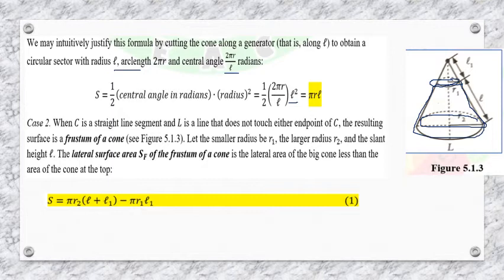The lateral surface of the frustum of a cone is the lateral area of the big cone, less the area of the cone at the top. So if this is the smaller cone, what remains is the frustum of a cone, and this is the big cone. So S is equal to pi times R sub 2 times L plus L sub 1, because the slant height of the big cone is L plus L sub 1, minus that of the smaller cone on top.